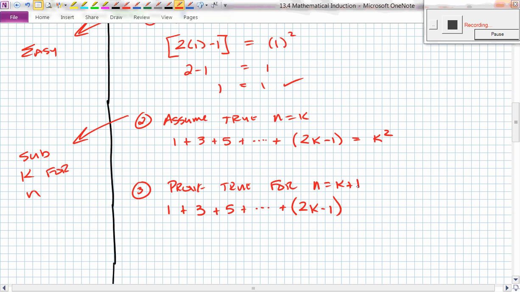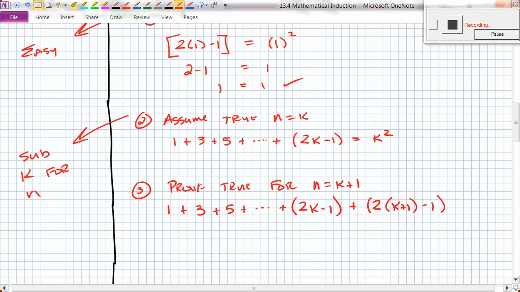How far have I gone so far in my sequence? Only up to where? K. I need to add on the next term. So how do I generate the next term? I replace k with k plus 1. So I replace this with 2 times k plus 1 and then minus 1.